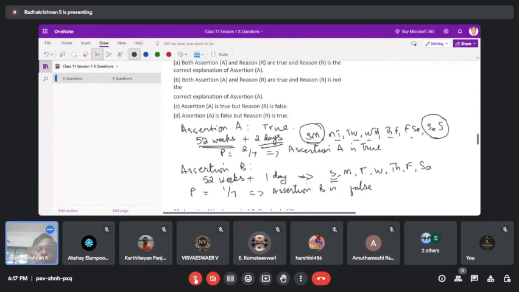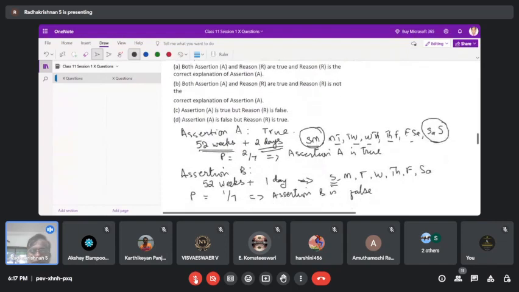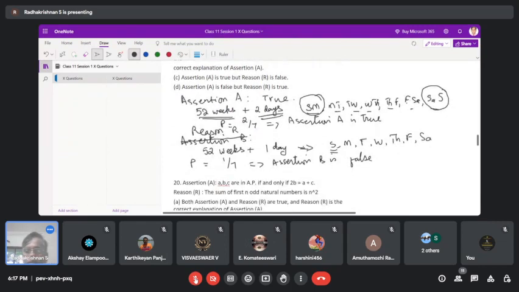Correct. I'm sorry, I put assertion B, so this should be reason R. So here, assertion A is true and reason R is false, which is option C.